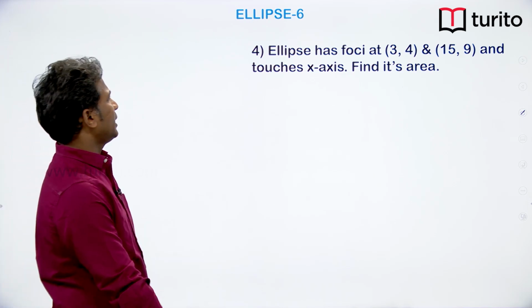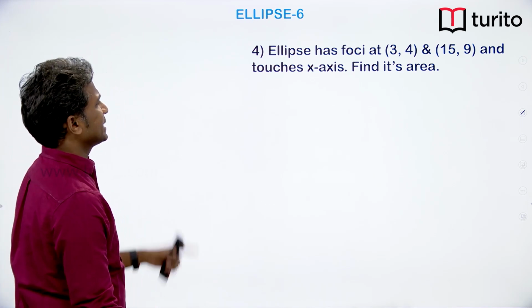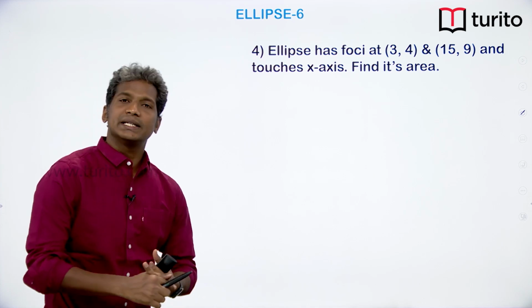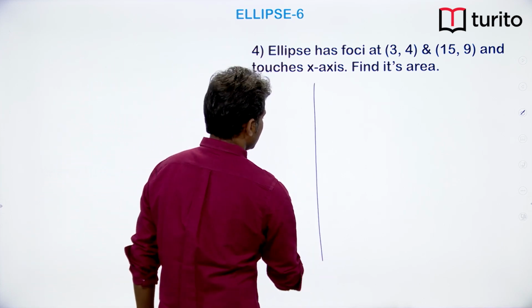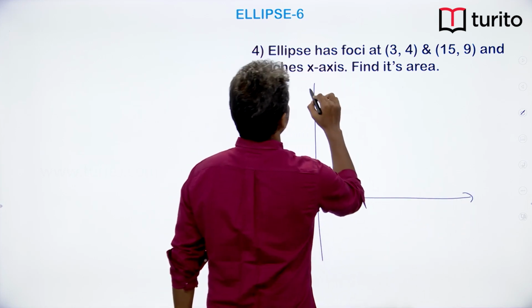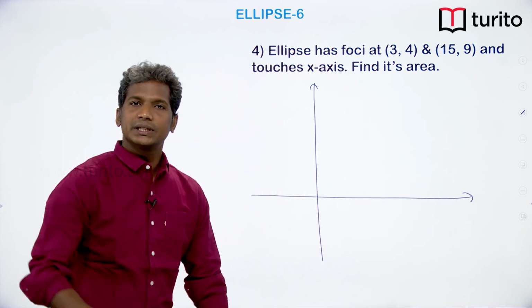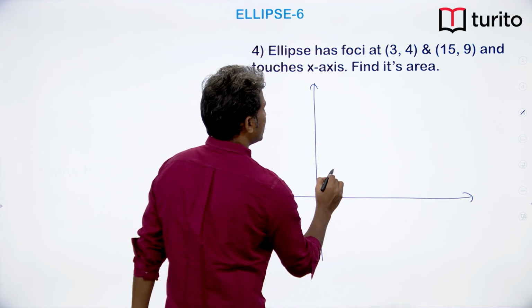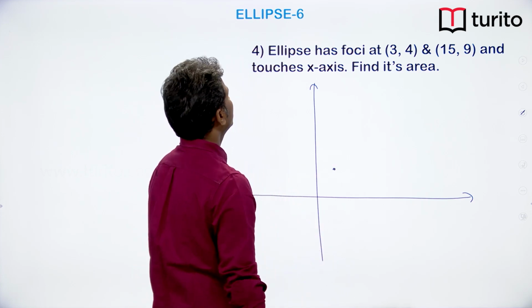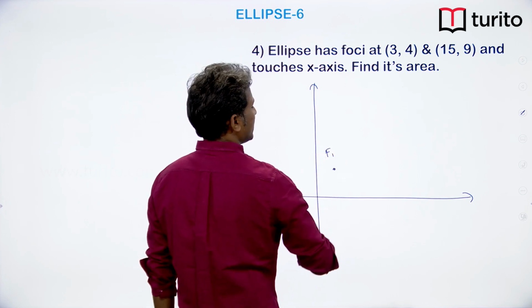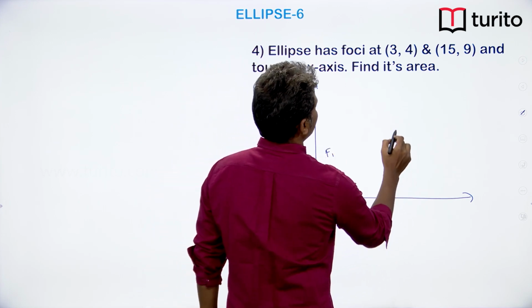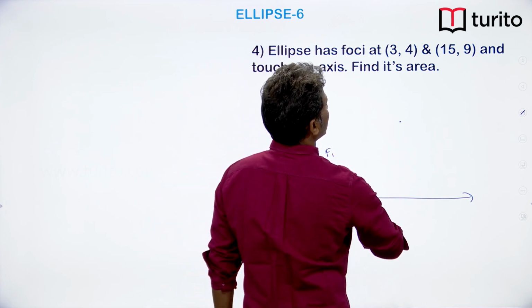Ellipse has foci and touches x axis. Find its area. So let us understand this using a simple diagram. There is one point which is 3, 4. So let us say there is 3, 4 here, and these are the foci. So let us name this as F1, and another focus which is 15, 9.